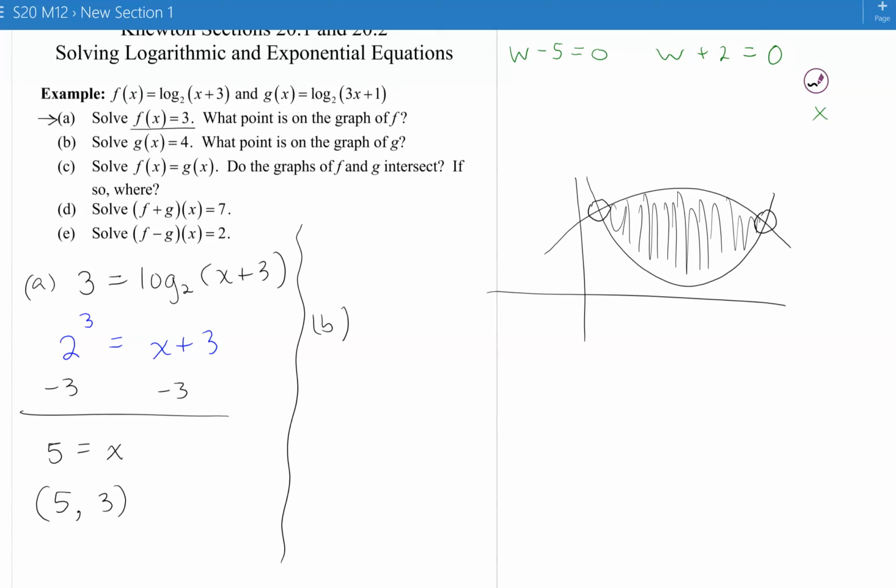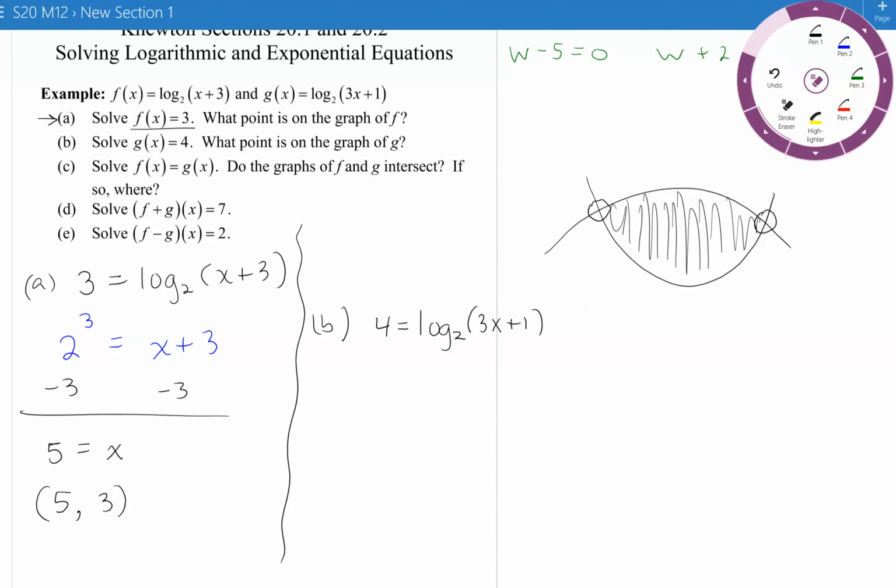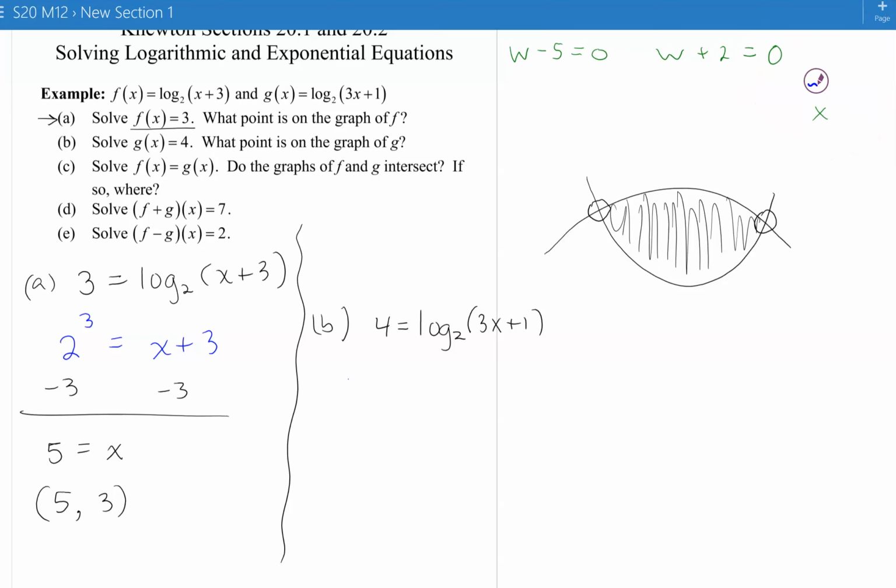So then let's look at B, and it says solve g of x is 4. So when is 4 equal to the log base 2 of 3x plus 1? And again, we're going to write it in exponential form. So 2 to the power of 4 equals 3x plus 1.